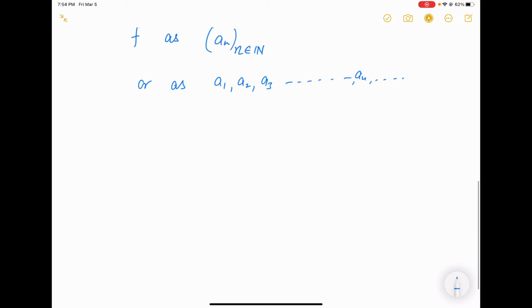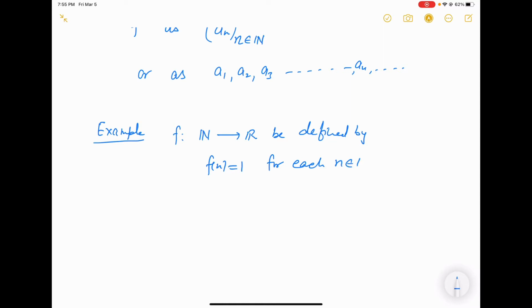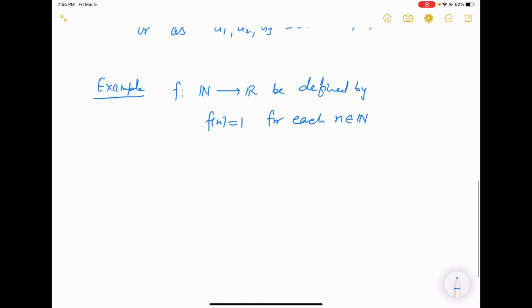Next we take some examples. Let F from N to R be defined by Fn equal to 1 for each n belongs to N. It means we have F1 is 1, F2 is 1, F3 is 1 and Fn is 1.